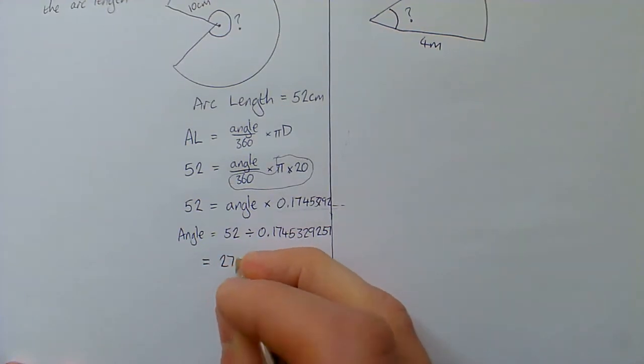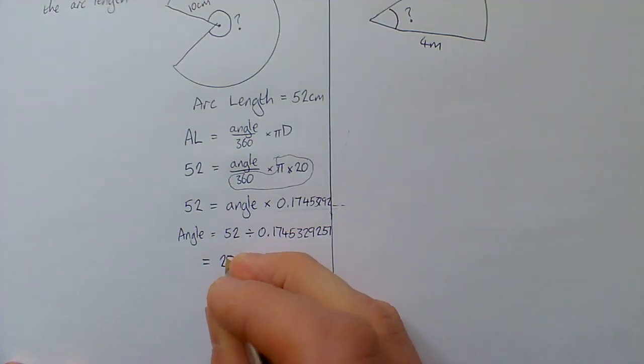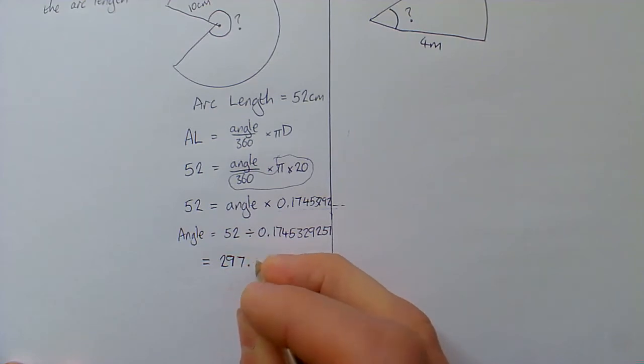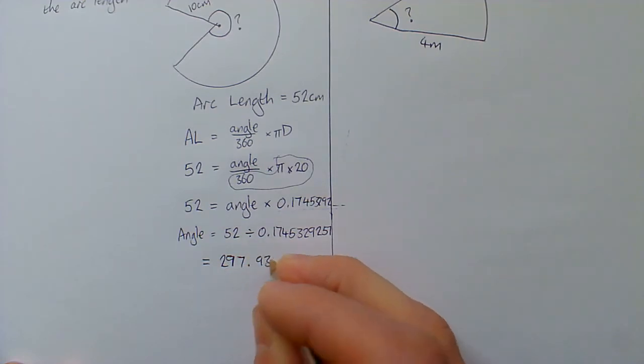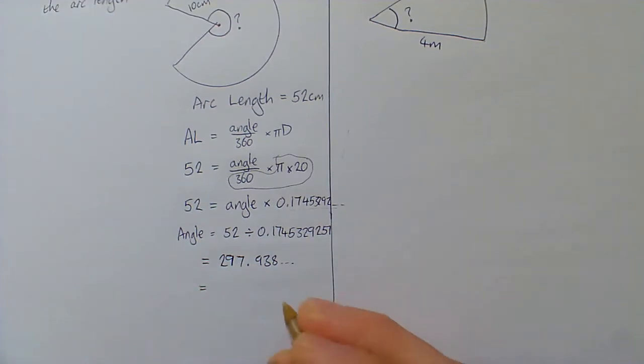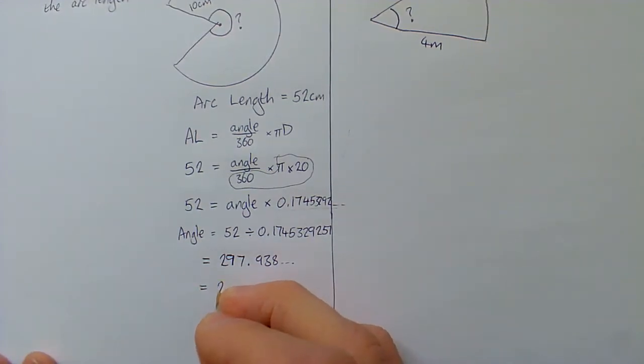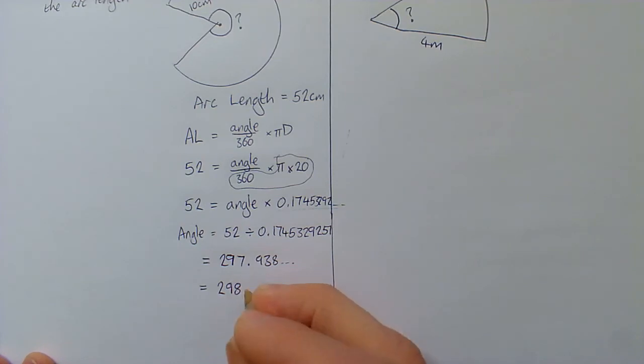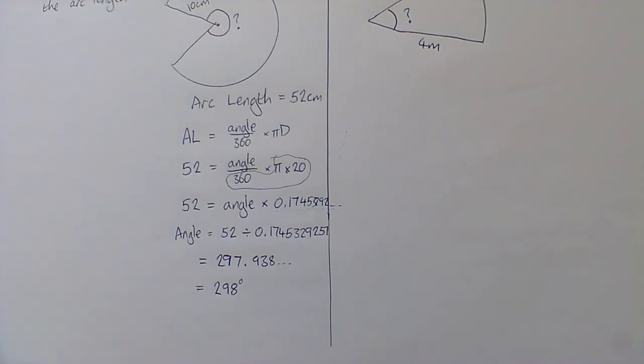We get 297.938, etc. Now, for these questions, I'm always going to give my answer to the nearest degree. You would check in the question if it says otherwise, but at the moment, all the questions I put up are to the nearest degree. So I'm going to round that to 298 degrees, and that is our missing angle.